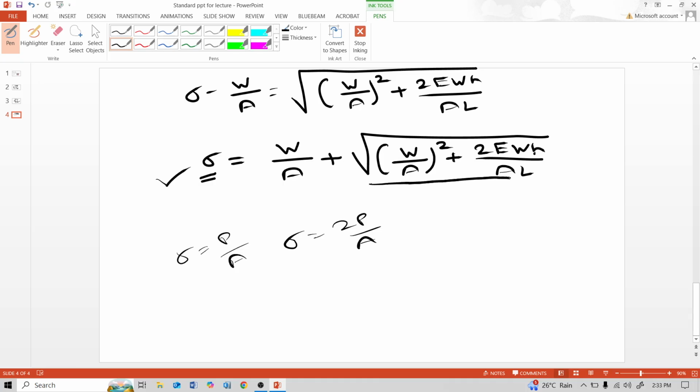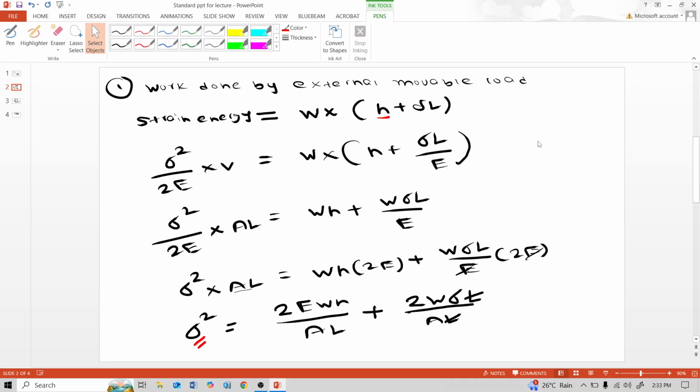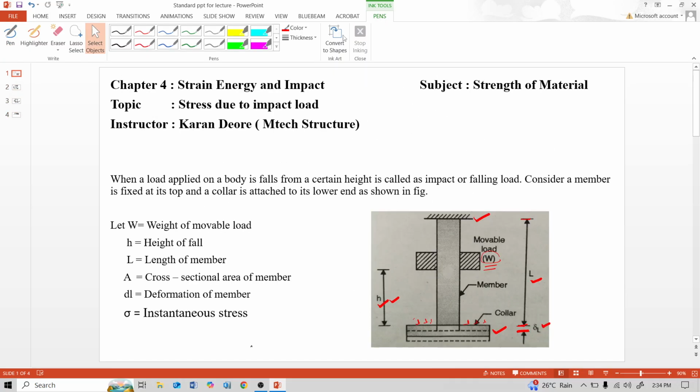Now, if we put H as 0, that means the load is here, and this is a suddenly applied load.